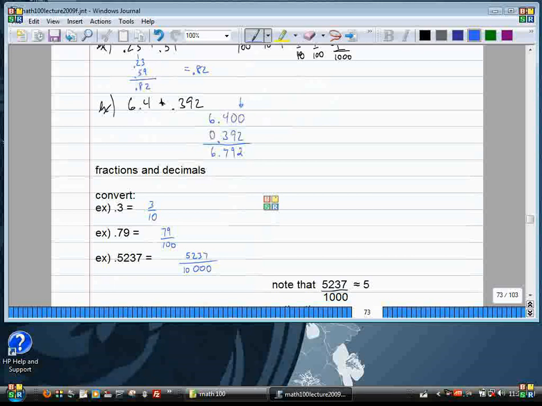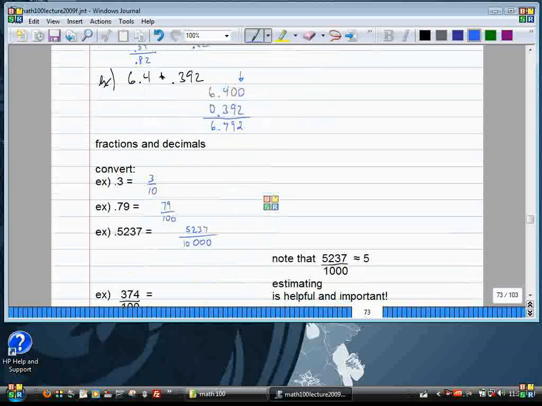Notice that that would be approximately 5, which is not what we have. So that's the thing with decimals. A lot of people make mistakes about the order. But notice that it's 5 tenths, 2 hundredths, 3 thousandths, 7 ten-thousandths. So what we've got is this thing out of 10,000. Okay. So estimating can be helpful.